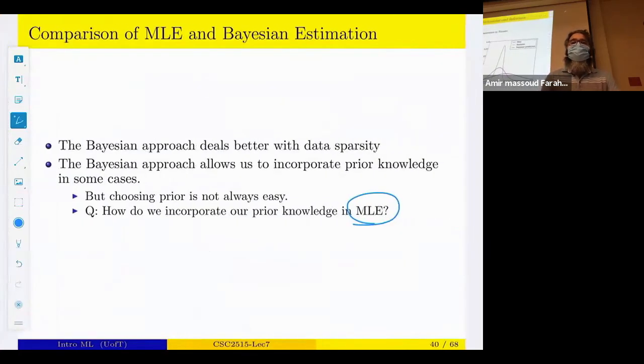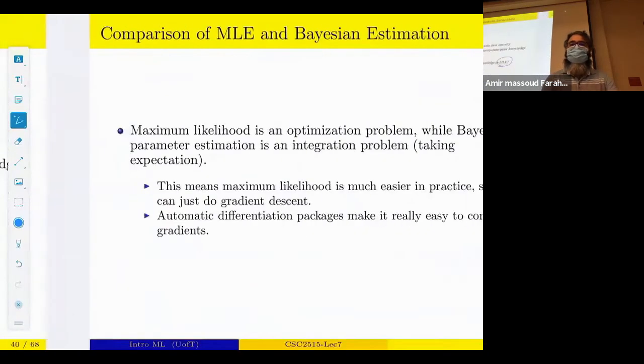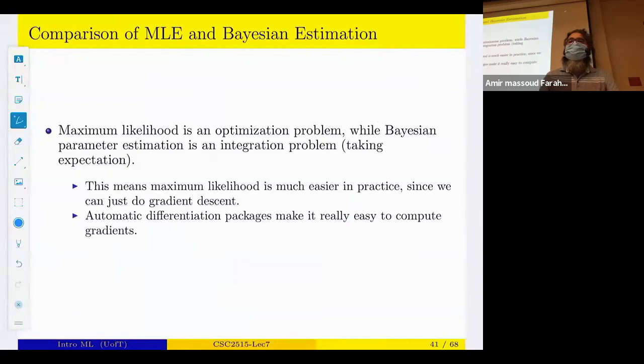And usually integration is more difficult than optimization. So doing maximum likelihood estimation is much easier in practice because we can just do gradient descent. There are also packages that do automatic differentiation. I think you have seen it in your PyTorch tutorial, that essentially you can let the package do most of the difficult part.